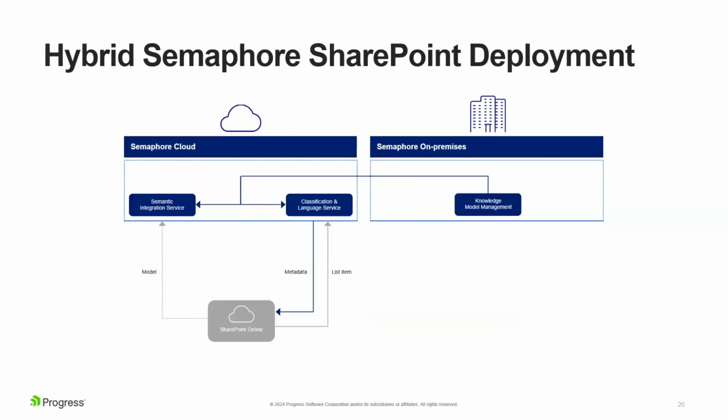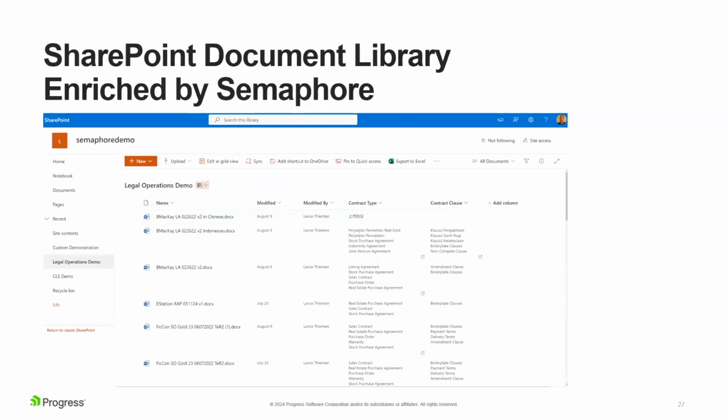But what does this look like from the SharePoint user's perspective? What you end up with is sites, collections, libraries, which are holding documents, and those documents have been enriched with metadata from Semaphore. That could be semantic classification, or it can be extracted content. Now, from SharePoint's perspective, there's nothing special about data provided by Semaphore.